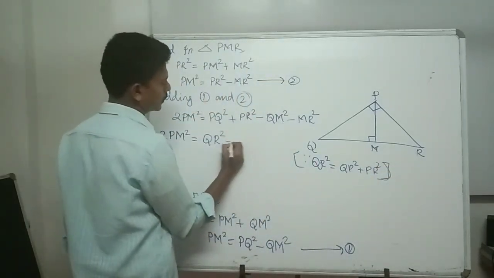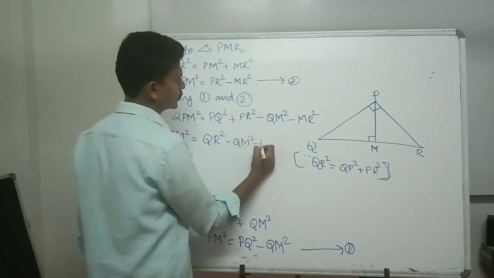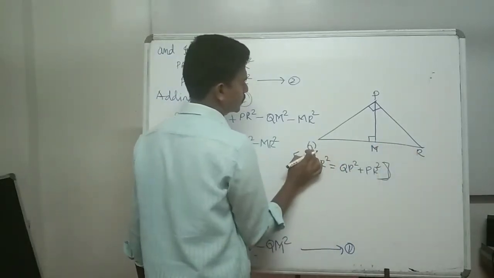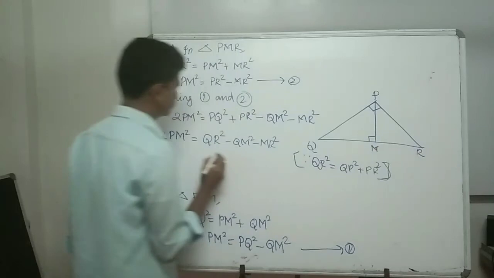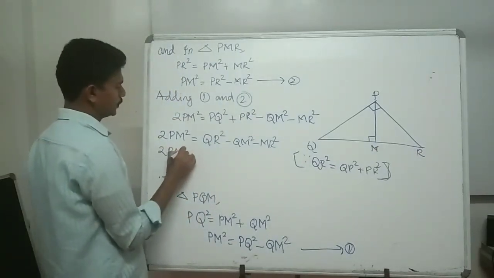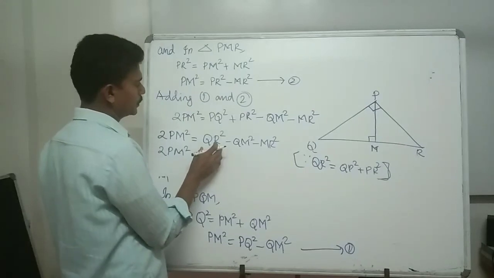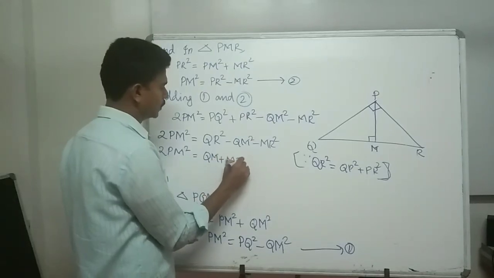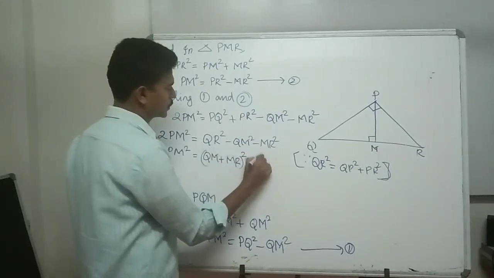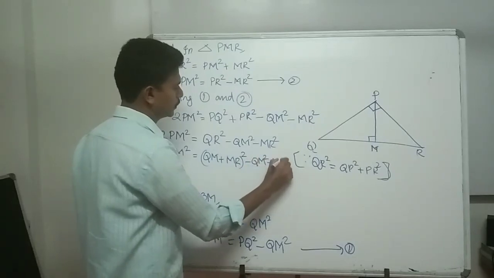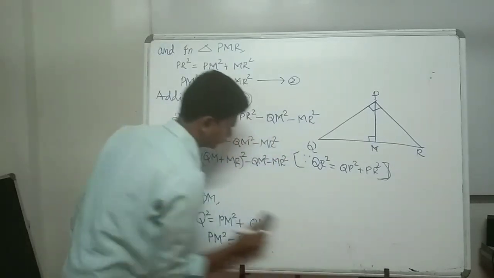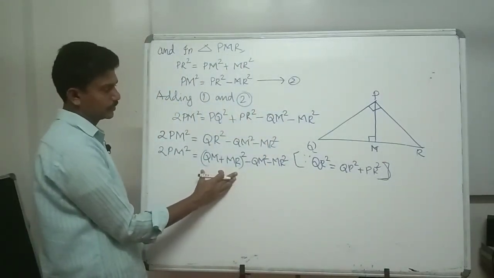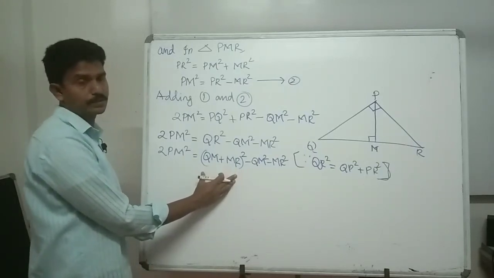So these two values we write as minus QM square minus MR square. What is QR? QR means QM plus MR. So 2PM square is equal to, instead of QR we write (QM plus MR) whole square minus QM square minus MR square. Now this is the (a plus b) whole square formula: a square plus 2ab plus b square.